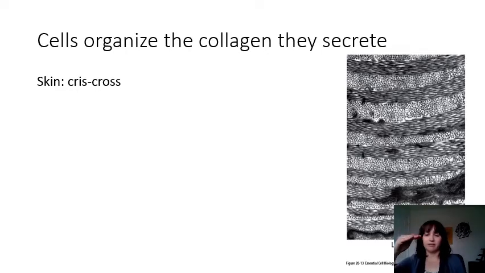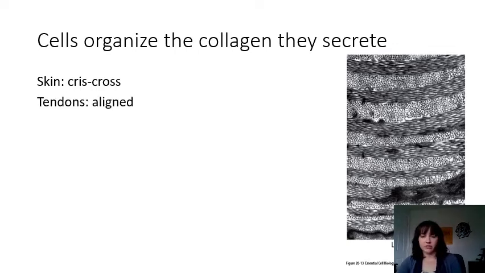So we have these several layers, and in some layers you can see the fibers are facing in one direction towards us, and then in another layer they are perpendicular, going left to right. Right? So this is kind of a crisscross arrangement of collagen, and that helps to really provide strength to the tissue. Right? The skin stretches in a variety of different directions, so it makes sense to have this crisscross shape.